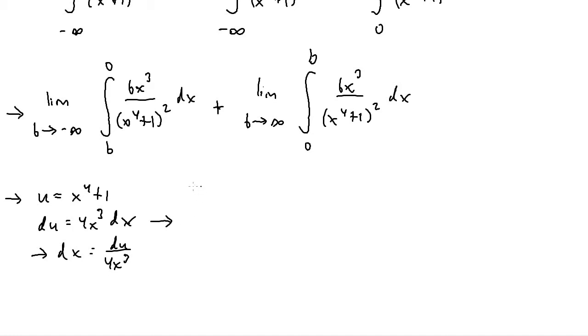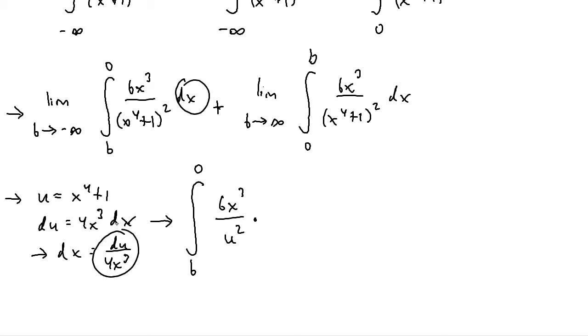So when I substitute du over 4x cubed for dx, we get 6x cubed over u squared, since x to the 4th plus 1 is equal to u, times dx, and dx is equal to du over 4x cubed.